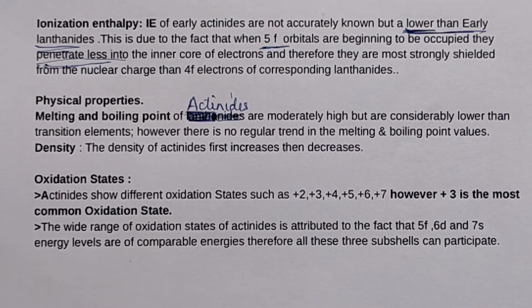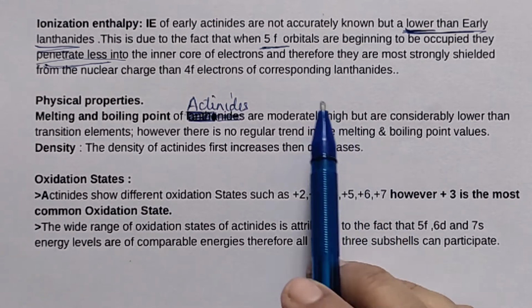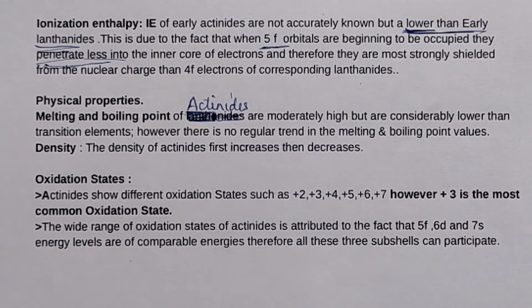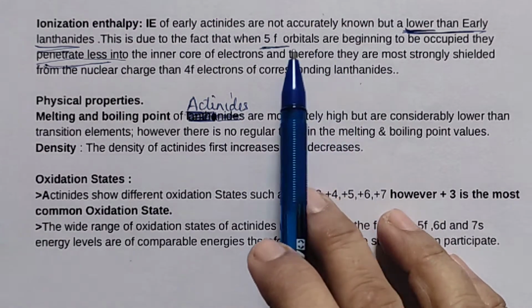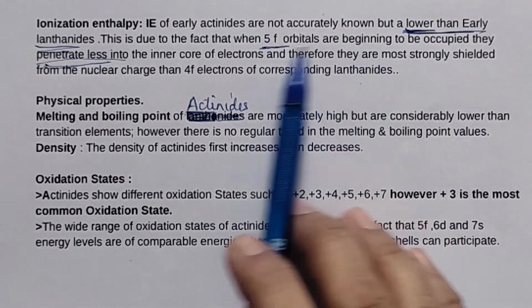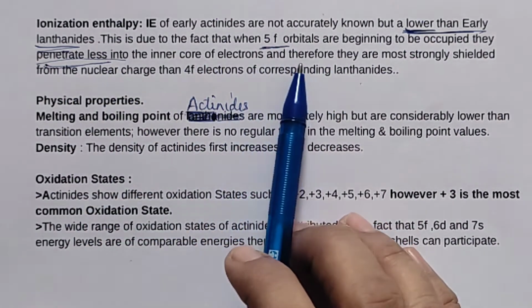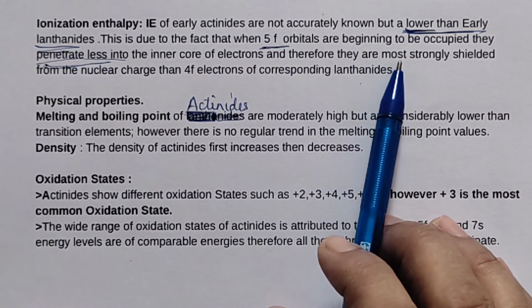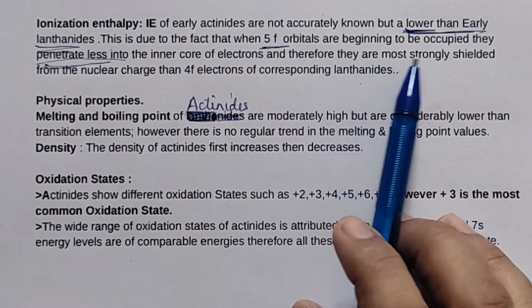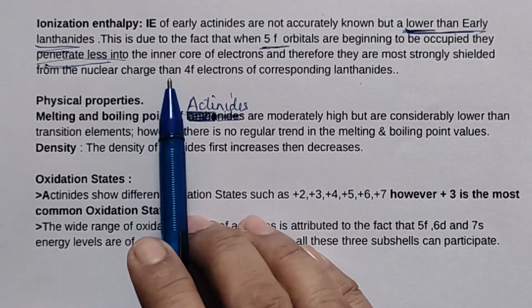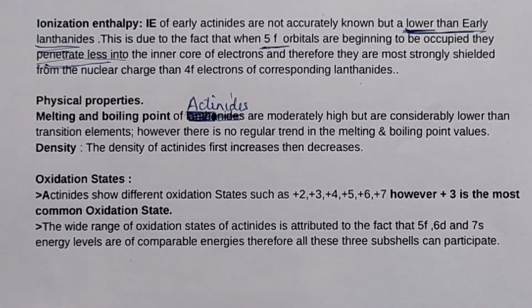Therefore, it is very difficult to remove electrons from the lanthanides than from actinides. So what you write is that 5f orbitals penetrate less into the inner core of the electrons, and therefore they are more strongly shielded from the nuclear charge than 4f of the corresponding lanthanides.